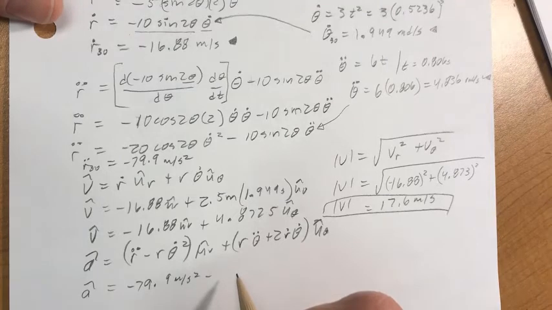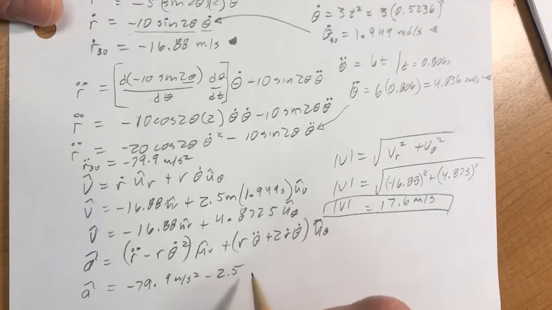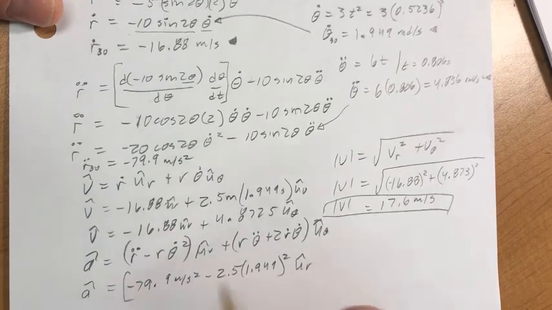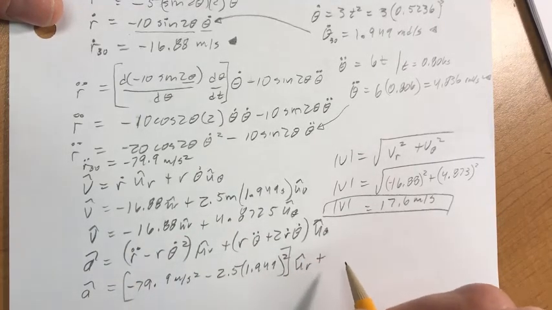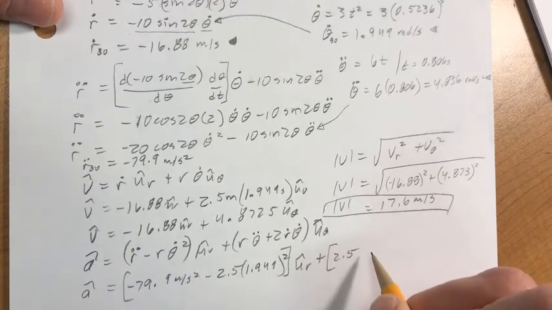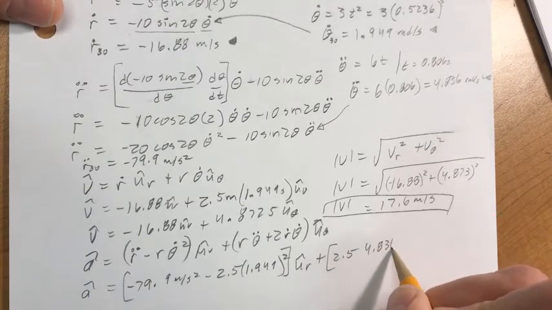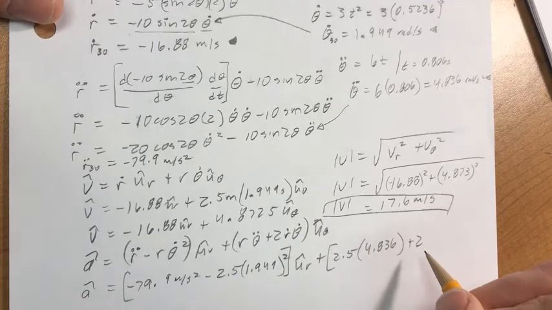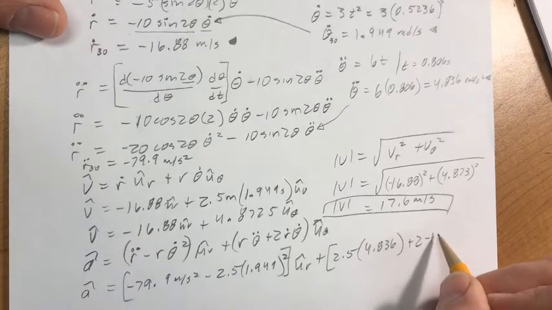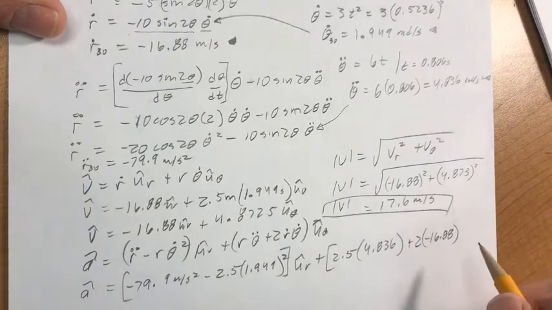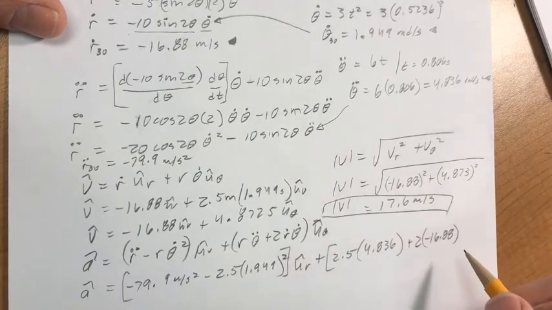Okay, which comes down here, negative 79.9 meters per second squared, minus r, which is 2.5, times 1.949 squared. That's all in my r direction, plus r, 2.5 again, times theta dot dot, 4.836, plus 2 r dot, which we found to be negative 16.88, times theta dot.